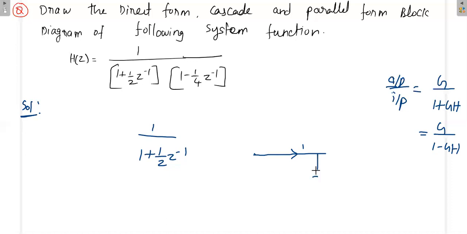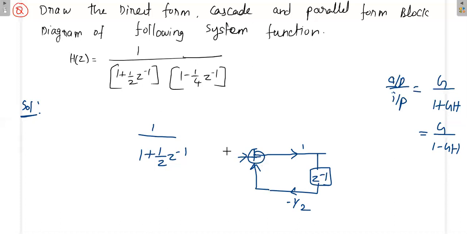Then the delay operation is multiplied with the factor 1 by 2, and because it is negative feedback, it is minus 1 by 2. Then I am combining like this. Either I can put a plus 1 by 2 here, then I have to put minus here. No problem, all are the same.